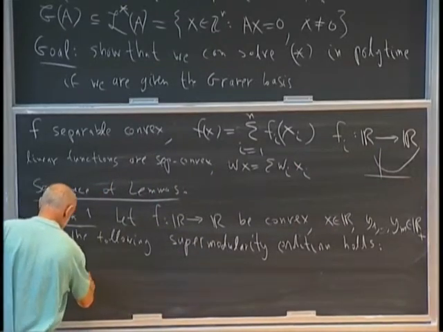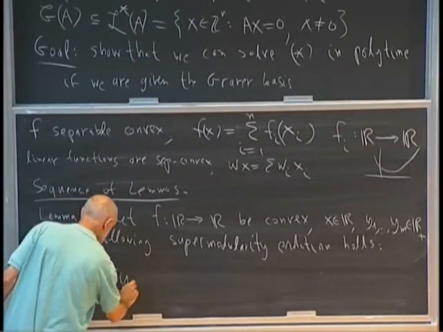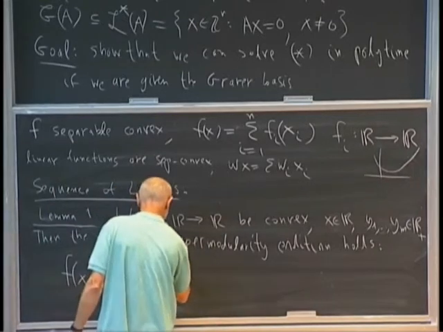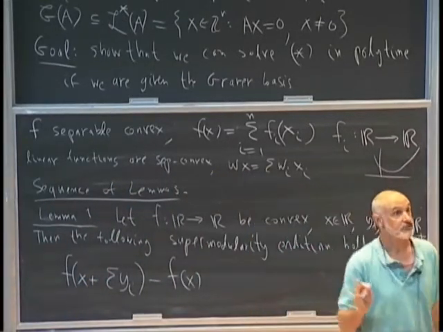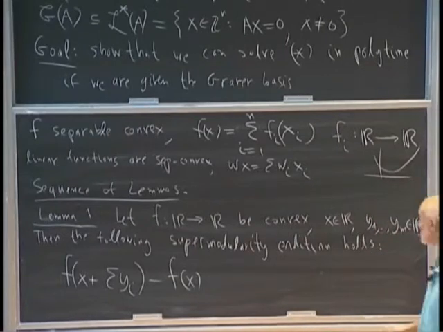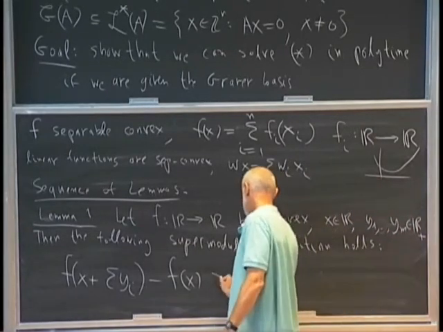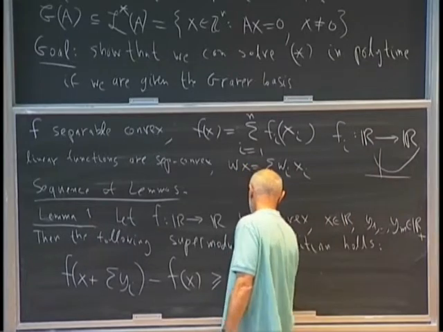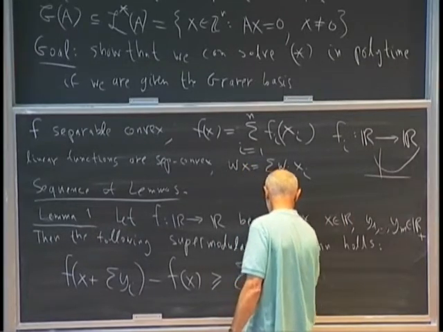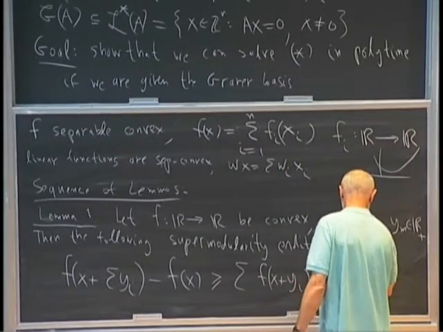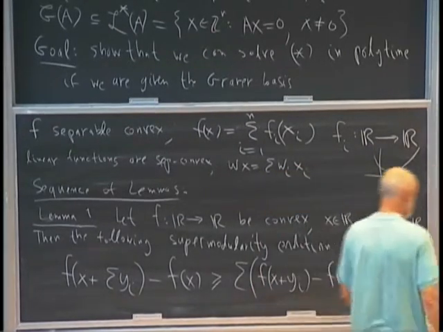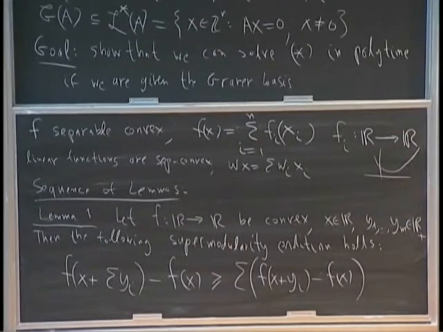If you look on the improvement in the function where you add all the y's together, this is at least as big as looking on the improvements for each one separately. So this is supermodularity of the function.